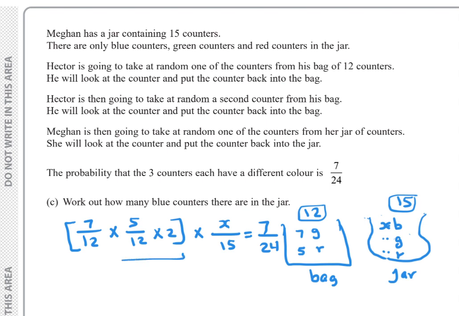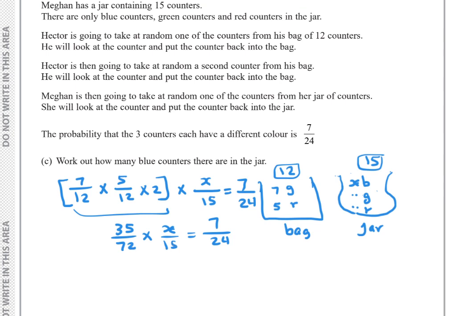Now with your calculator find that value. It equals 35 over 72 times x over 15 equals 7 over 24. Now multiply these two fractions. 35 times x equals 35x. 72 times 15 equals 1080, equals 7 over 24.